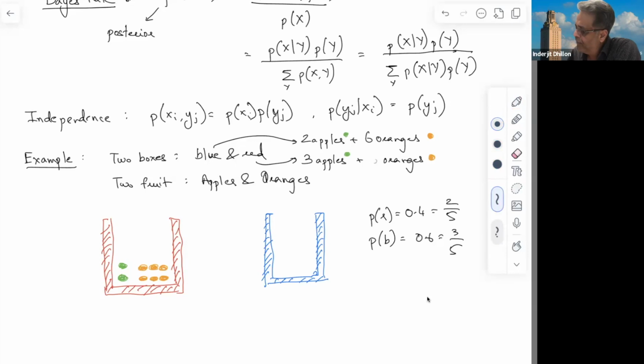I think we have 1 orange, and we have 3.